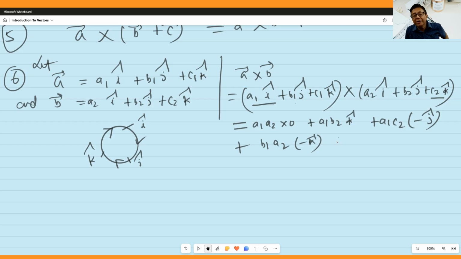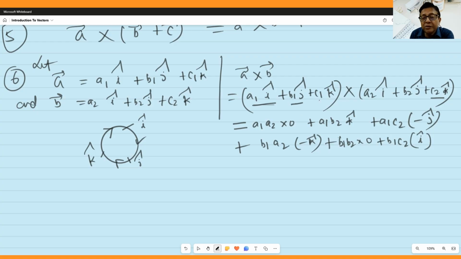B1 B2 is J cross J, so B1 B2 into 0. B1 C2 J cross K. J cross K is what? See? I. So if you keep this cyclic order in front of you, then it will be easier. Then one part is left.